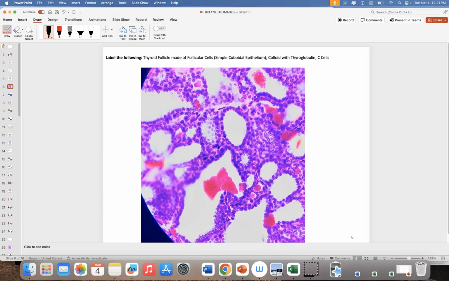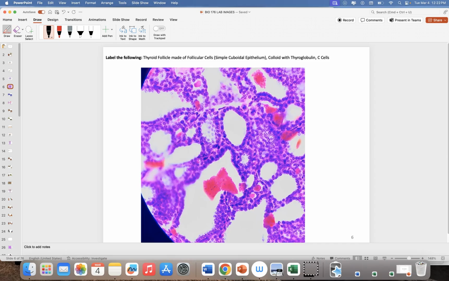What we are looking at here is the thyroid gland underneath the microscope. When we talk about the histology of the thyroid gland, what we want to do is locate the thyroid follicles. And we're going to see that the thyroid follicles are made up of follicular cells.